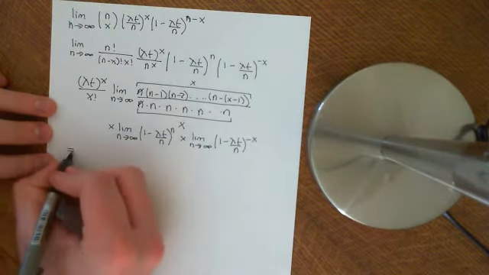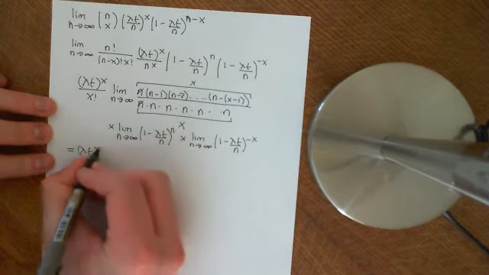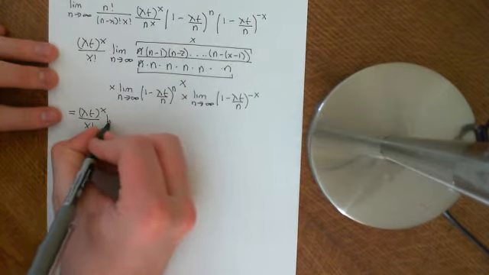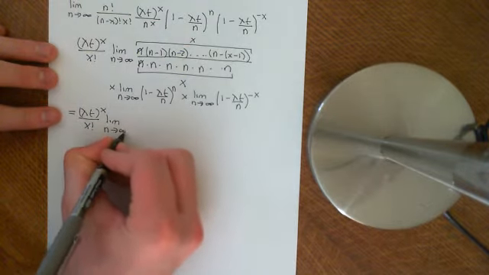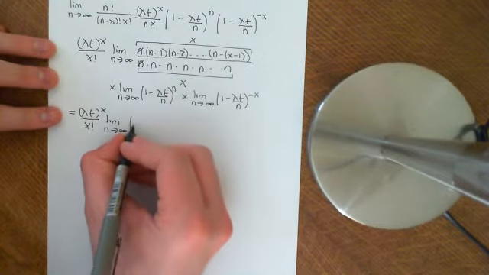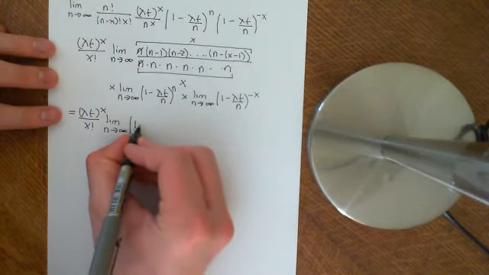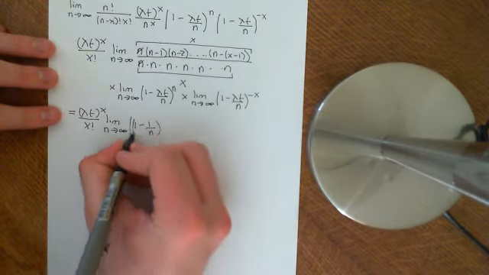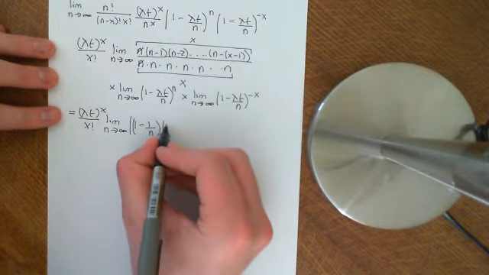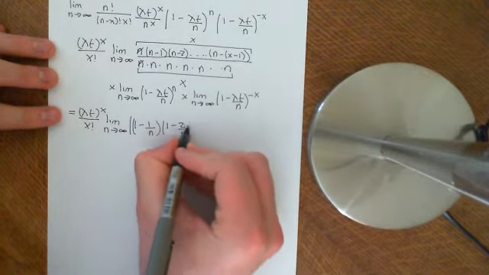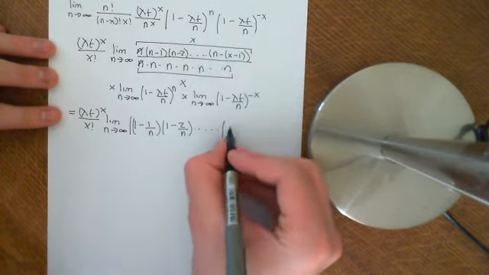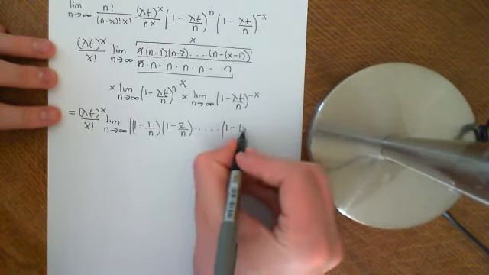So if I write it out again, this is going to be lambda t to the power of x over x factorial here, and then what we'll end up with is the limit as n approaches infinity, and the n and the n cancel, the n minus 1 with the n cancels out to become 1 minus 1 over n, and then this n minus 2 cancels with another n below it to give us 1 minus 2 over n, and we continue in this way all the way down to this n minus x minus 1 cancelling with this n, and you get 1 minus x minus 1 over n.